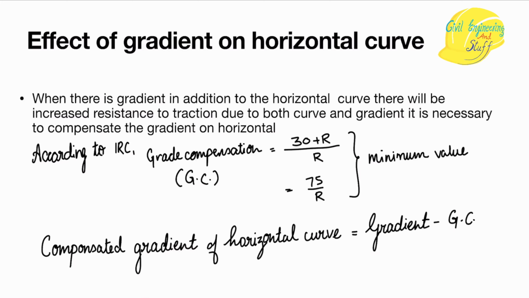The minimum value of these two has to be adopted, and the compensated gradient will be the original gradient minus the value obtained from the minimum value. This is how the grade is compensated.